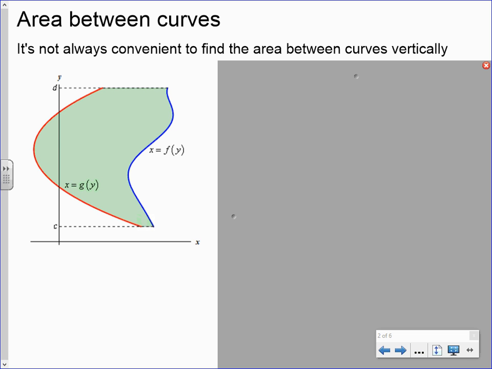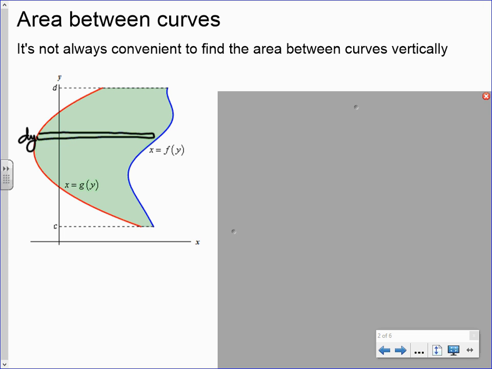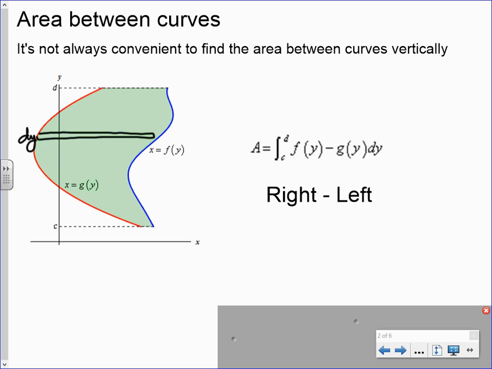Instead, we can draw rectangles that are horizontal, which means their thickness would be dy, infinitely small along the y-axis, right? And as Amy brought up from their pod discussion, we are going to have right minus left in terms of y. So we're always doing a more positive value minus the lesser value.